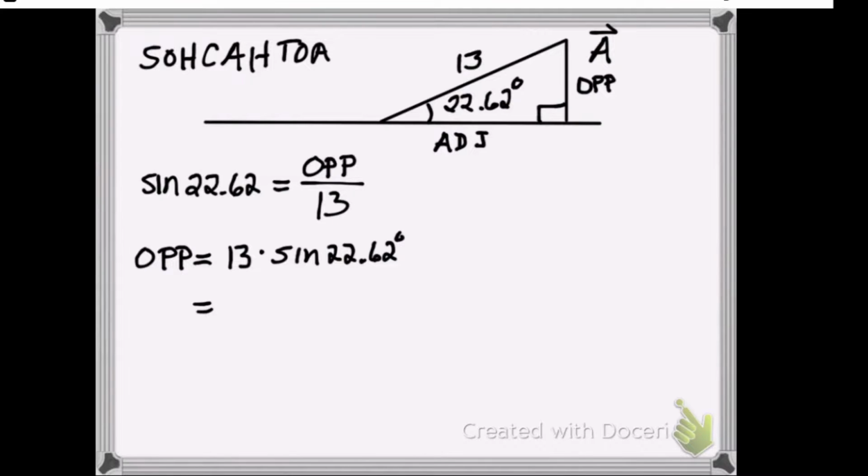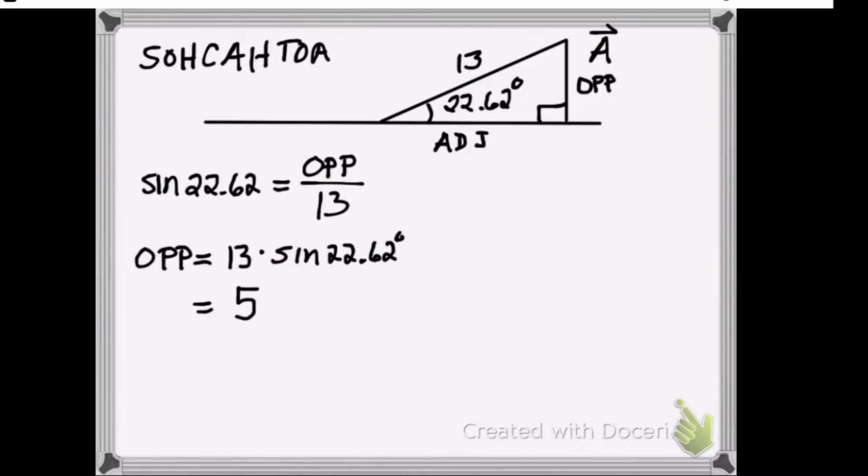So I have 13 times the sine of 22.62 degrees. Hit enter, and I get 5.000028285. And that actually, 5.0000, is close enough that we can round this off to be 5.